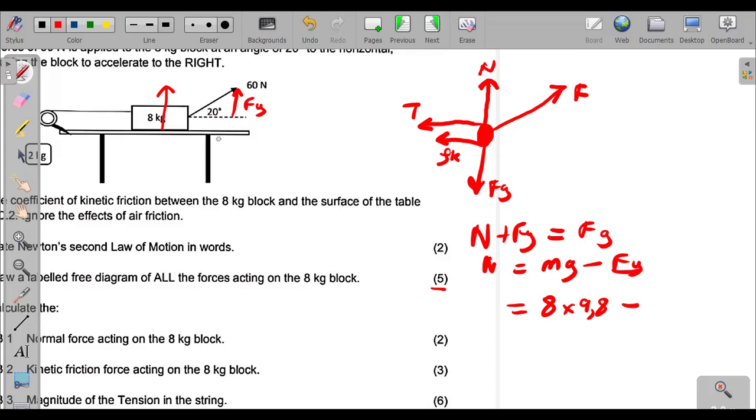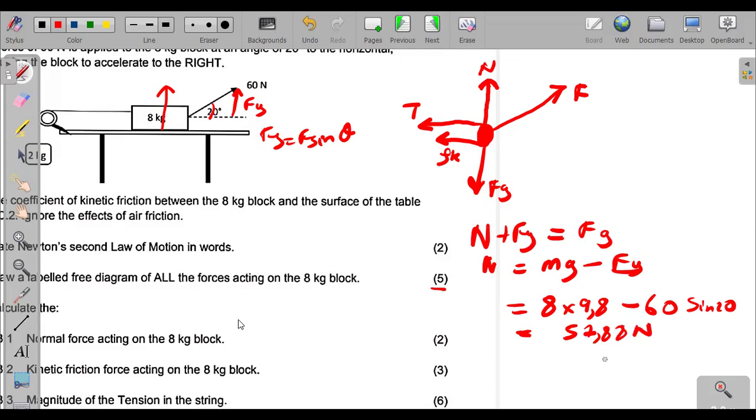We have been given an angle to the horizontal, so Fy is given by F sine theta, from the trig ratios. So that's 80 sine 20, and what do we get? 57.88 Newton. That marks our normal force.